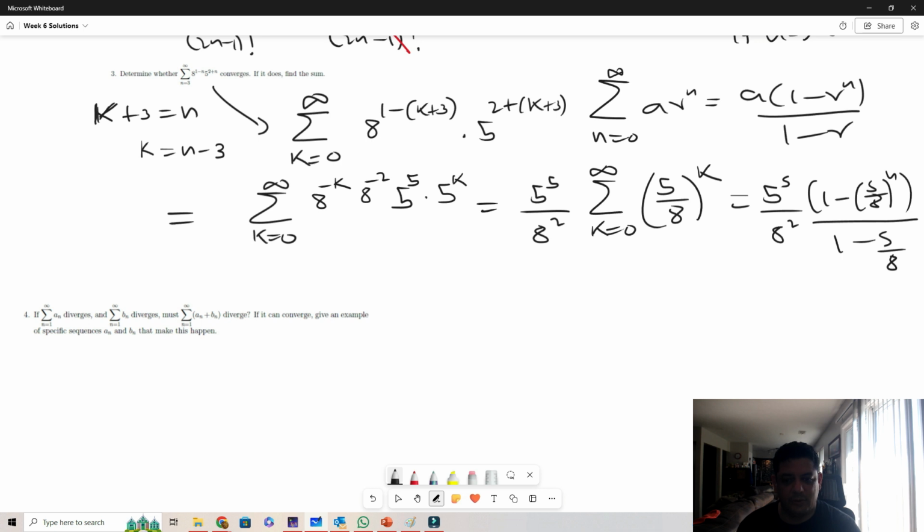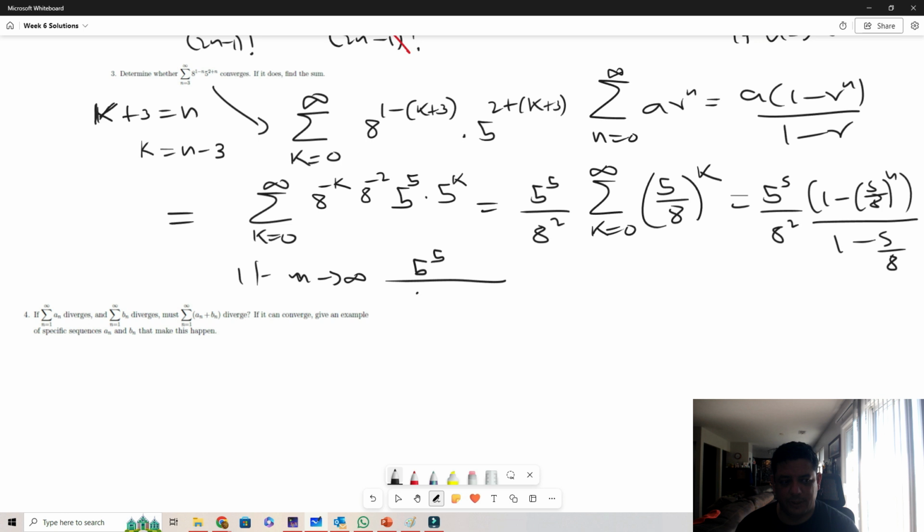And so when n goes to infinity, then we have that this goes towards 0, since the ratio here, 5 over 8, is less than 1. And then this is 8 over 8 minus 5 over 8, so it's 3 over 8.